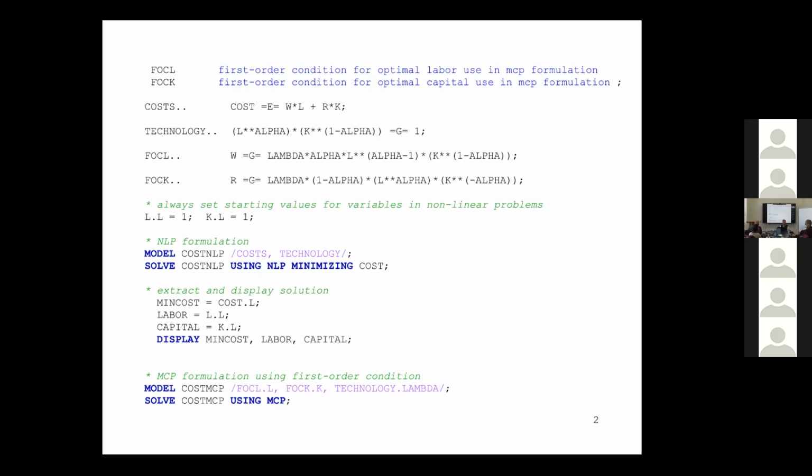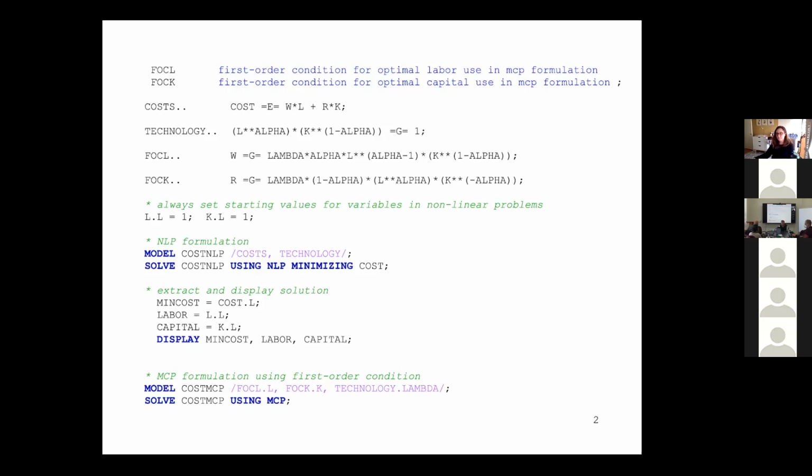Now, using the MCP, you actually do need three equations, because if you just have the two first order conditions, those are homogeneous of degree one in all those three variables.